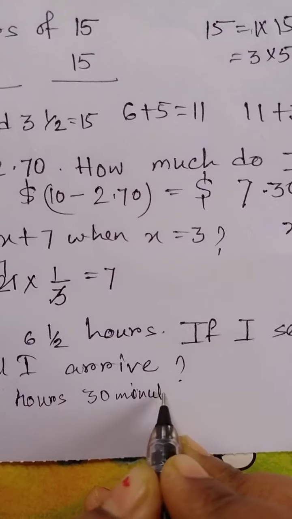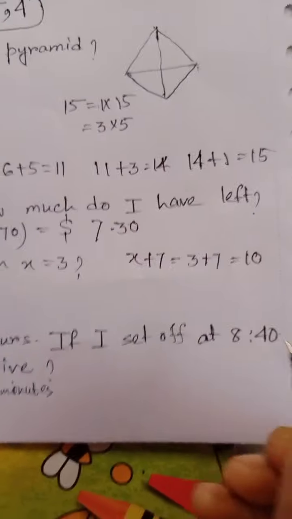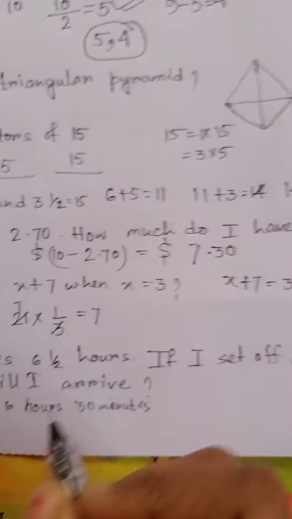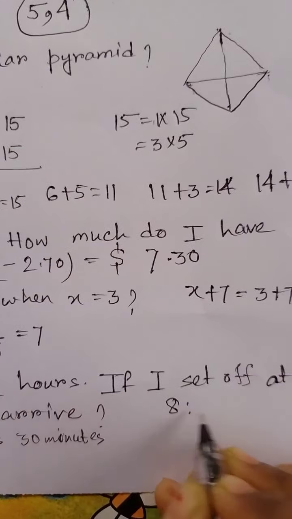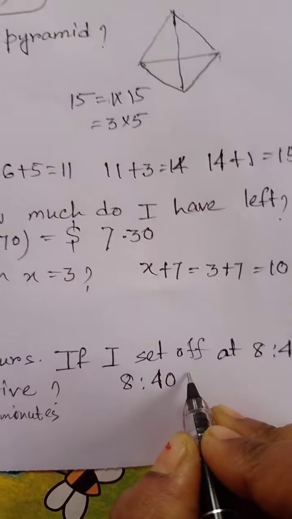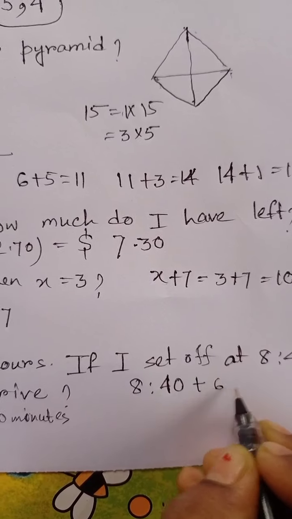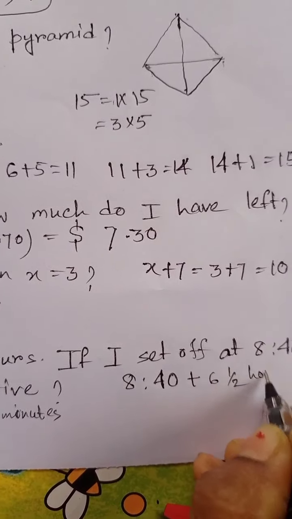So we have to add 6.5 hours with 8:40 a.m. So 8:40 plus 6.5 hours.